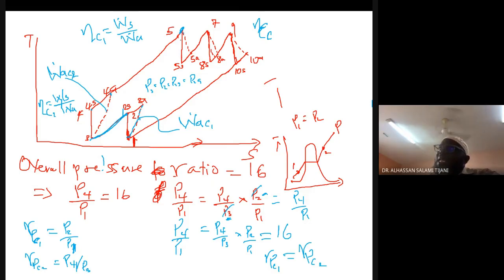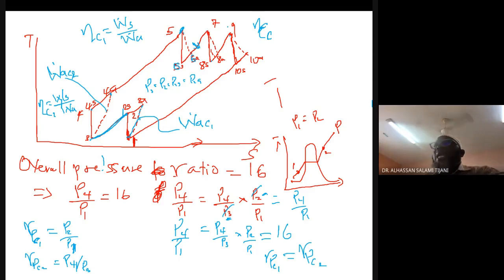Also, we have to know that there is reheating over here. What I did was wrong over here, this is supposed to be 6. Very sorry. So from state 6 to 7, there will be Q in. Also from state 8 to 9, there will be another Q in.